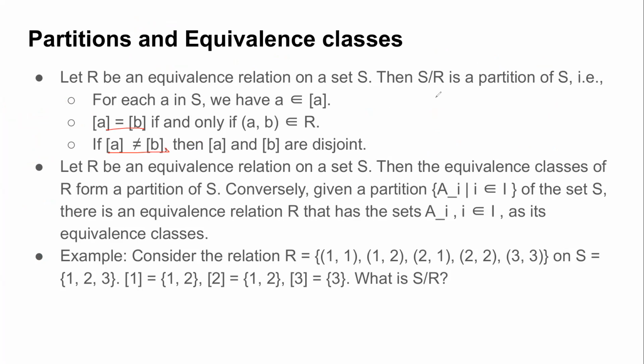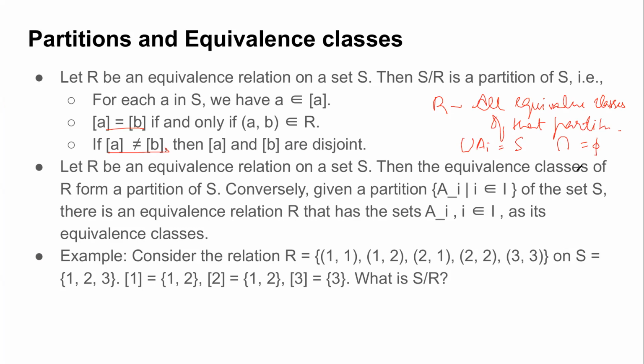If you have an equivalence relation R on a set, then all the equivalence classes of that relation actually form a partition. Which means their union will give you the set itself and their intersection will be empty. So given a relation on set S, if you write all its equivalence classes, that actually forms the partition of the set S.